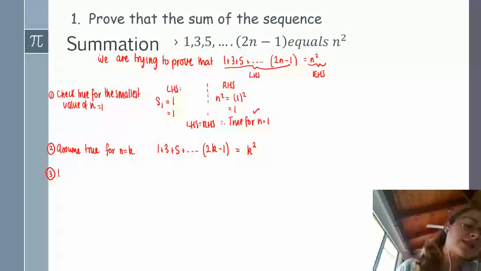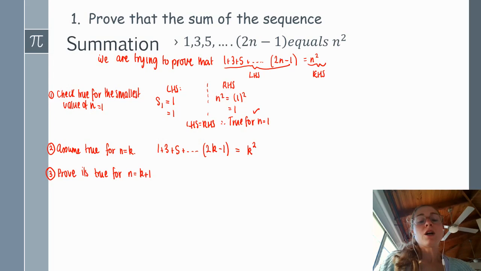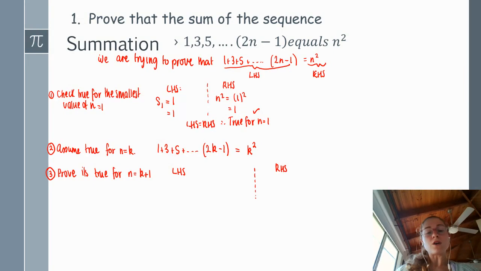The third step is now I have to prove it's true for the next term in our sequence. So the k plus 1 term. So what we do with the left-hand side, again, we take it separately because we're trying to prove. So what would the left-hand side look like if I added an extra term onto the end?